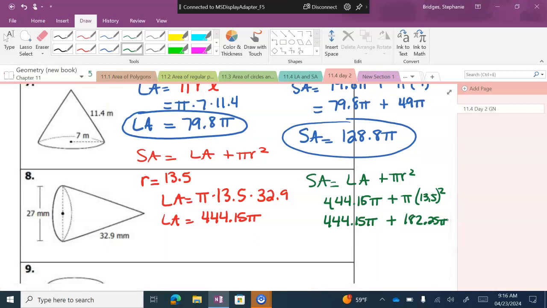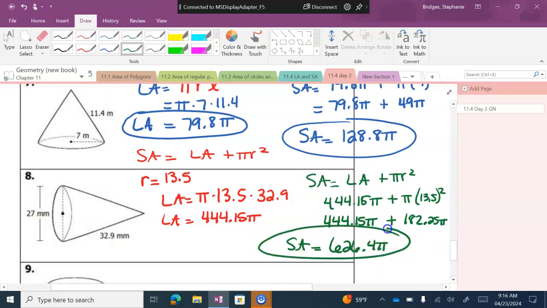And then we can just add the numerical values. 444.15 plus 182.25. And so our surface area is going to be 626.4 pi. You got to put pi on it though, because they both have a pi with it. So when you add the numbers, you just put the pi behind it. Is everybody okay with that?